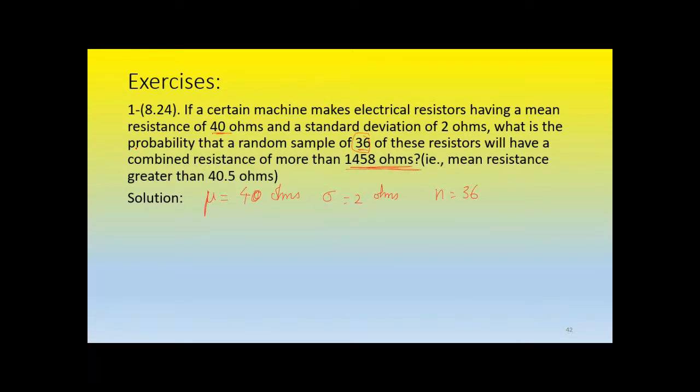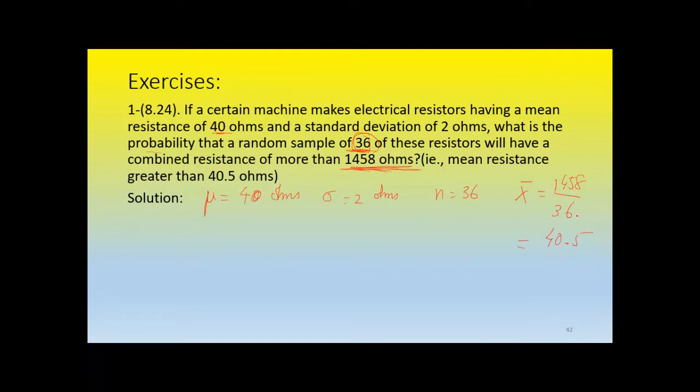You are going to find the probability of the random variable. What is the random variable here? That's what we are going to check. Sample size is 36. The total resistance of all the 36 resistors is equal to 1458. Therefore, what is the sample mean? Total resistance 1458 divided by 36 is 40.5.